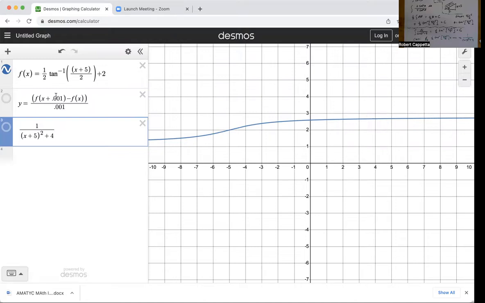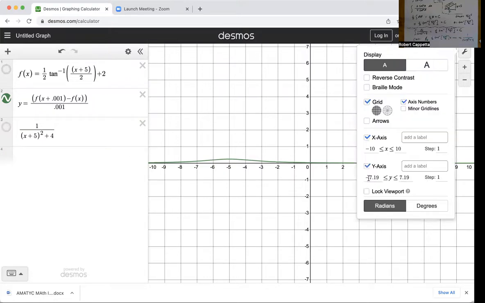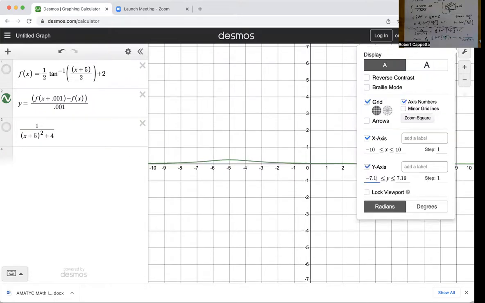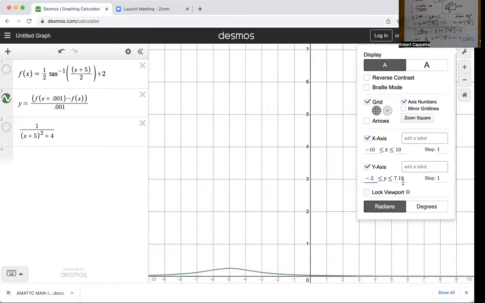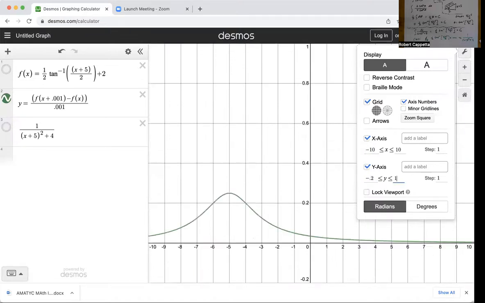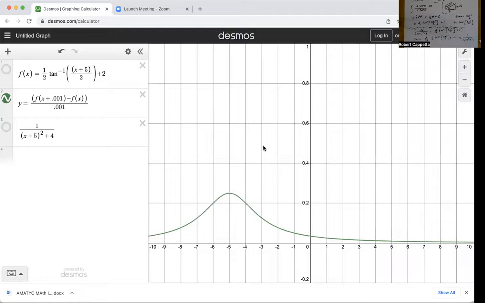I brute forced the derivative by using an h of 0.001, f of (x plus h) minus f of x over h. And I get this, which we can't see very much. So let's adjust our window. Instead of going negative 7.19 to 7.19, let's go negative 0.2 to 1 maybe. You can see a little bit more play in the graph.